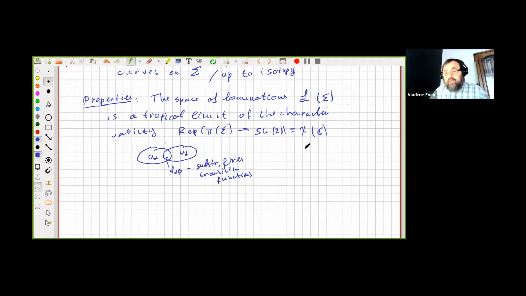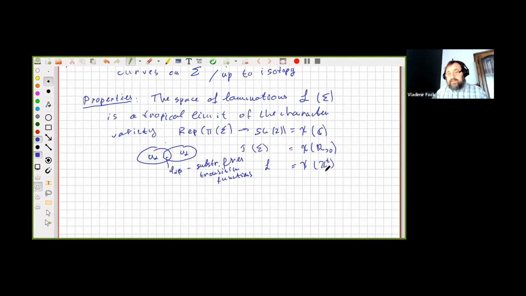If you take it over the positive real numbers, which is also a tropical semi-ring, this is the Teichmüller space of sigma. And if you take it over Z tropical, then you get the lamination space. So just varying the ring over which you consider the variety, you consider different geometric objects.